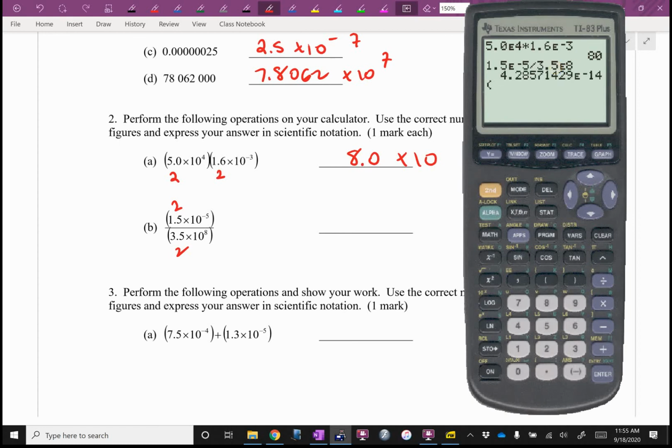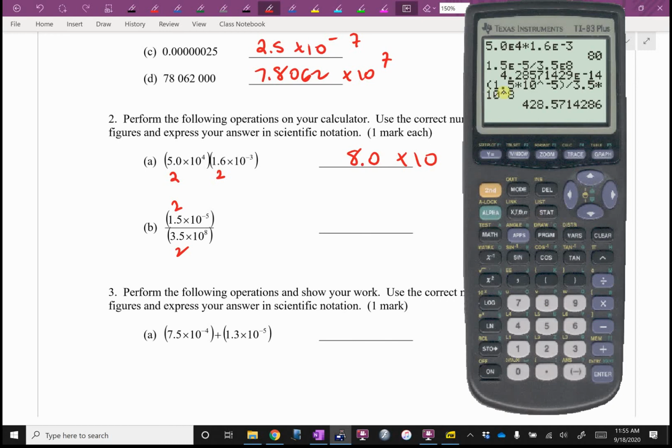If I don't use my scientific notation button, if I type 1.5 times 10 to the power of negative 5 divided by 3.5 times 10 to the power of 8, I get the 4.28, I get the digits, but the decimal's in the wrong place because the software didn't know that that 10 to the 8 was on the bottom.